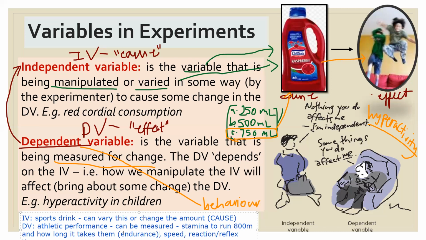Okay, I'm going to give you guys one more scenario in the chat box, and then I want you again to just identify the IV and DV. So let's say Professor Layla is conducting an experiment on the impact of green tea.